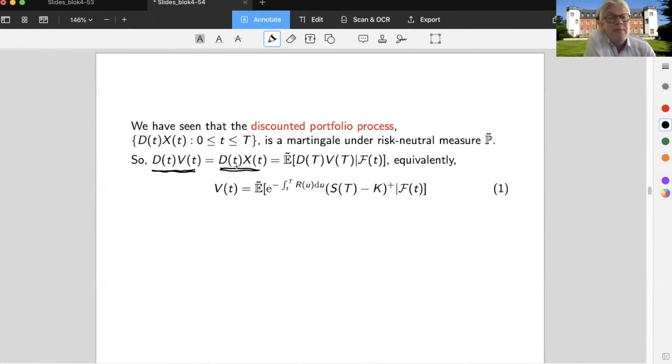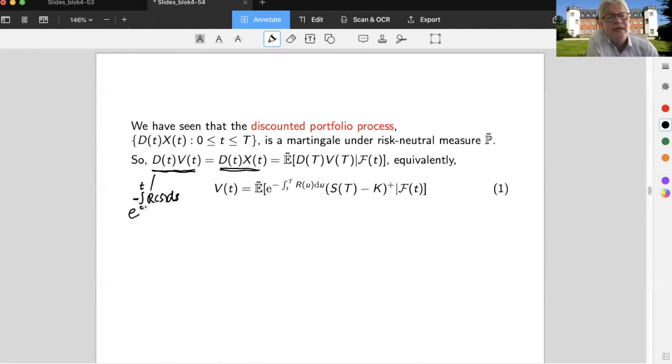Now, if we remember, the discount term is e to the power minus the integral from 0 to t of R(s) ds. And this is the same for capital T. So this term is F(t) measurable.